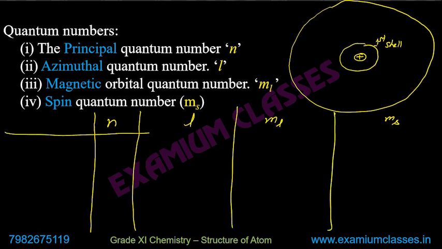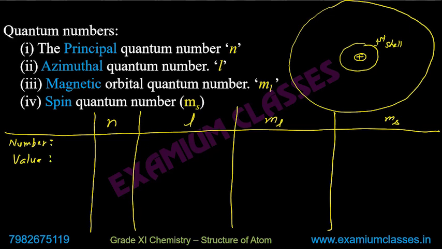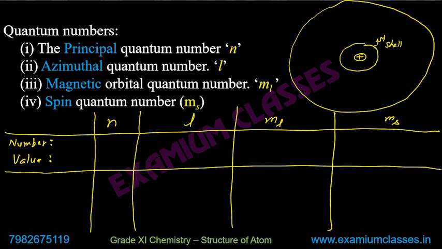The 2 points I will be talking about are number and value. So if this is n, then for l, the number of l means the number of subshells. Remember, it is subshell. The number of subshells will be n.